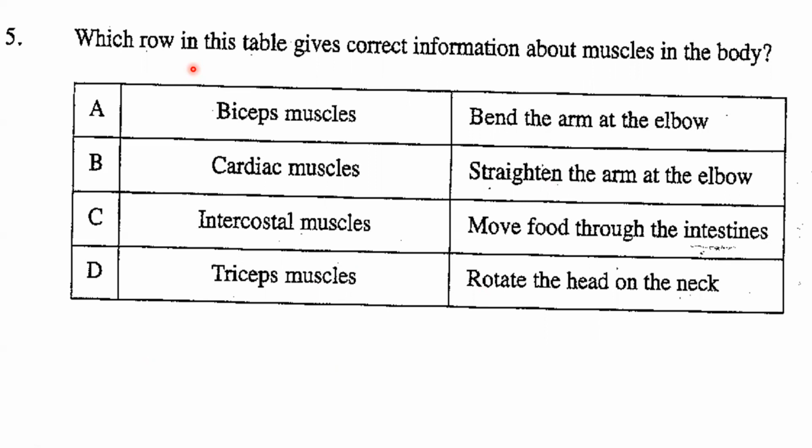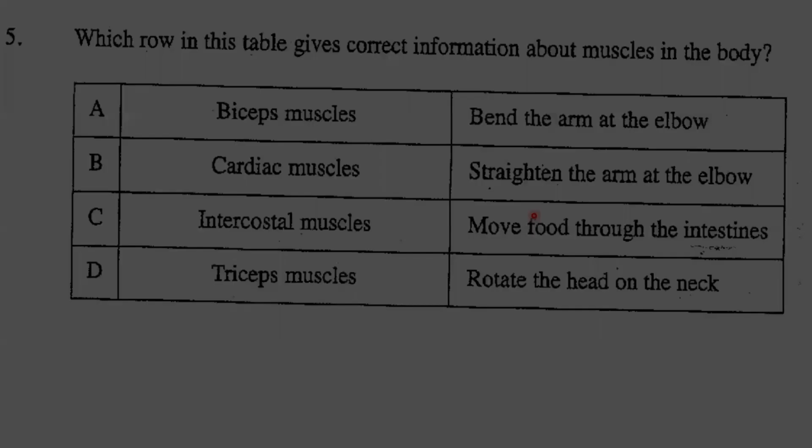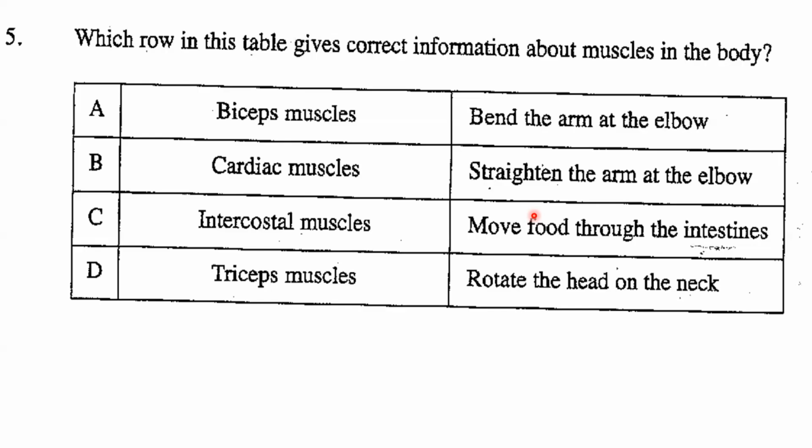A, bicep muscles: bend the arm at the elbow. B, cardiac muscle: straighten the arm at the elbow. C, intercostal muscle: move food through the intestines. D, tricep muscle: rotate the head on the neck.